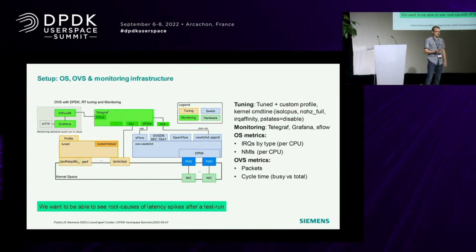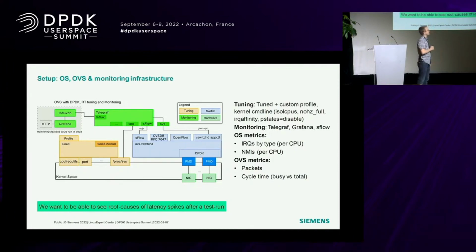We also wrote a custom plugin for OVS, which gets us some basic information like the utilization of the poll mode threads. So these are basically counters of how much time is spent moving packets around and how much time the thread spends idling. We also reset these counters each second so that we really get the values over time and not just in a run-to-completion manner.